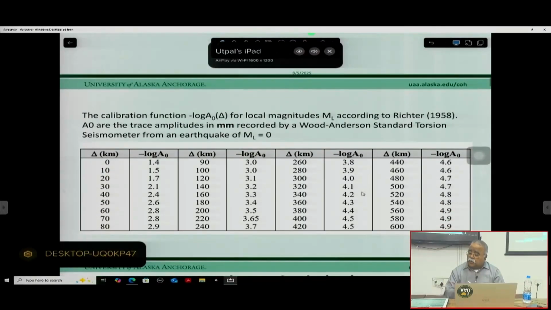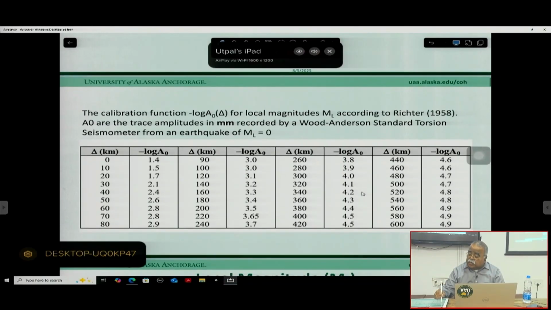Now, Richter actually used different distances from the earthquake, right? So from the earthquake, he measured the distances and also the amplitude on that Wood-Anderson seismometer for a particular event. Now, if it is zero distance, he found that the correction they need to apply is 1.4.